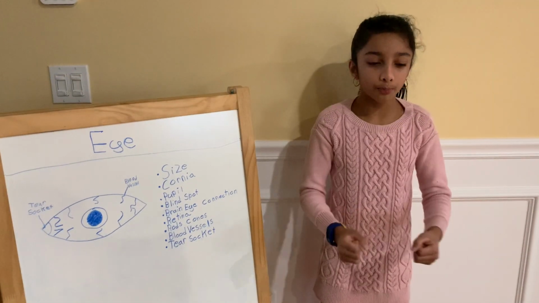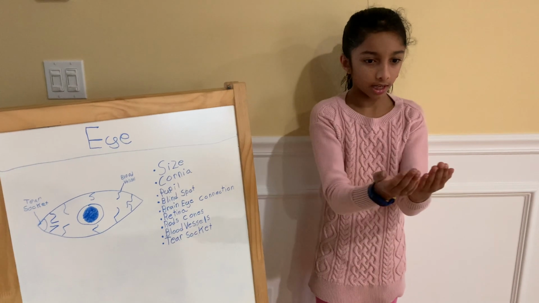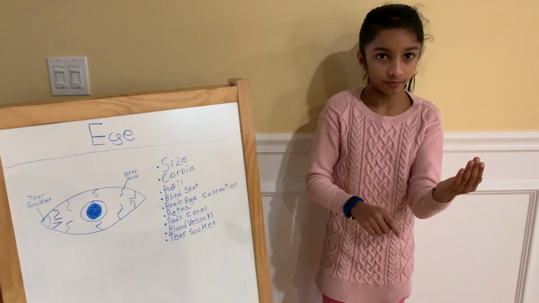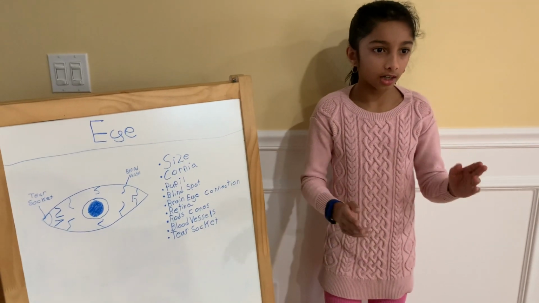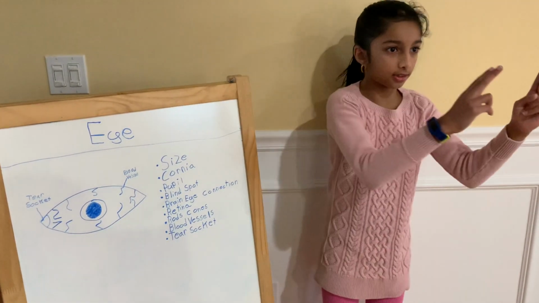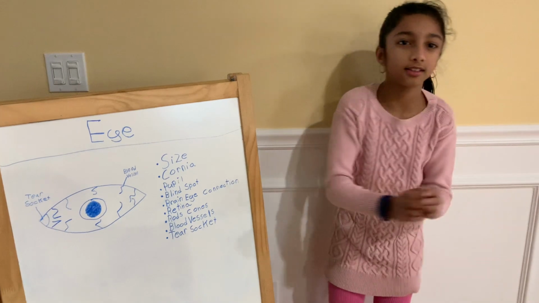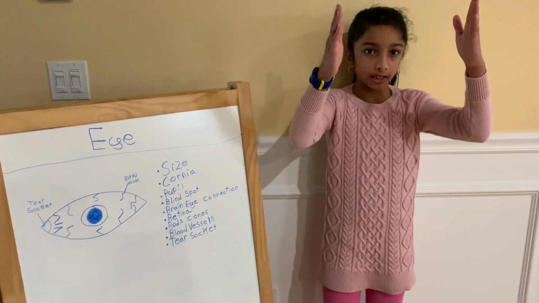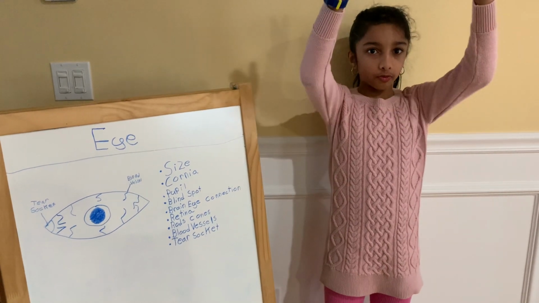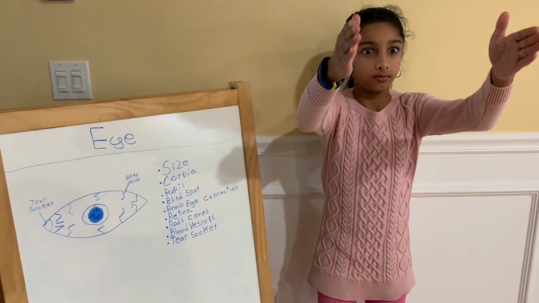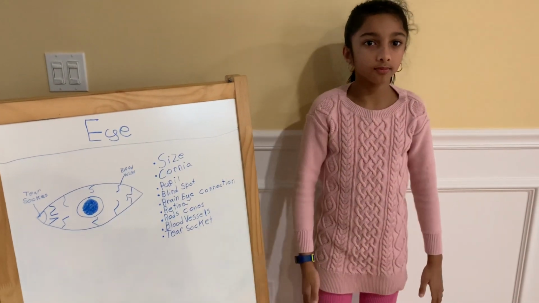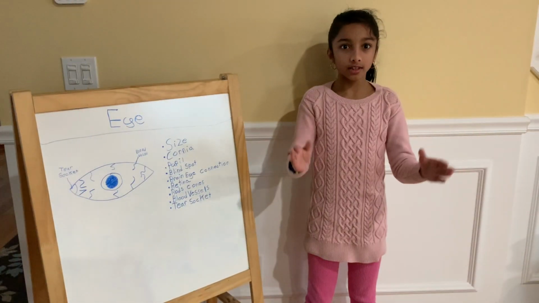Like if you're reading a book, you have to read sentence after sentence and make your eyes move from this side to this side, again and again, instead of making your eyes not move at all.